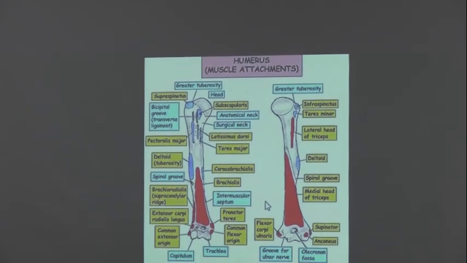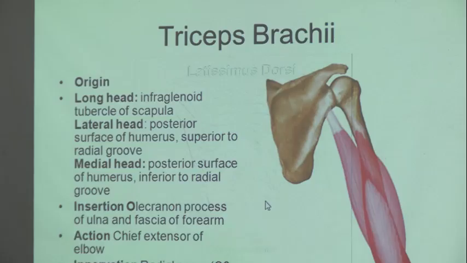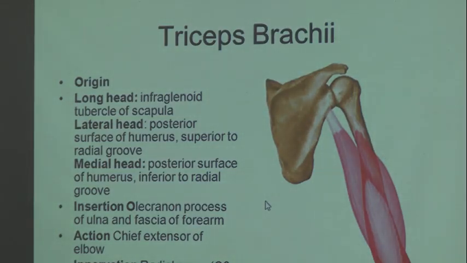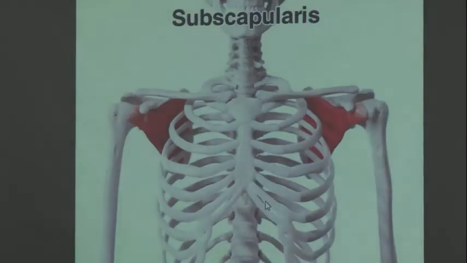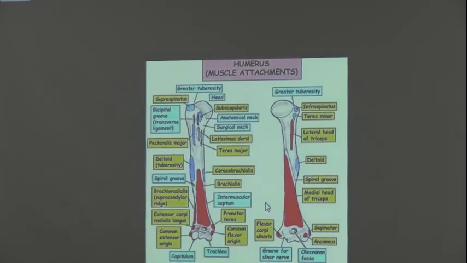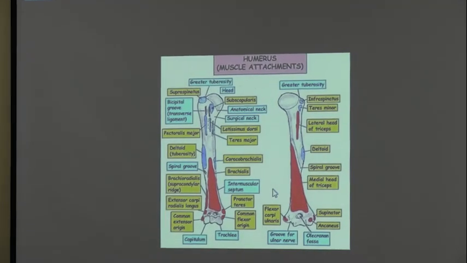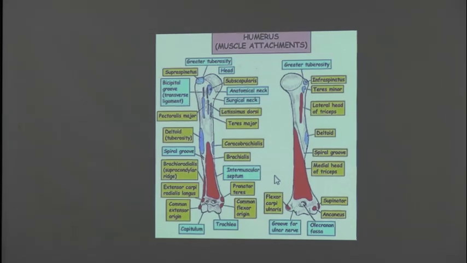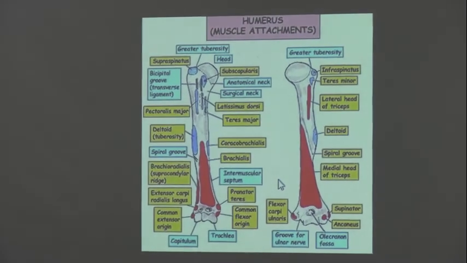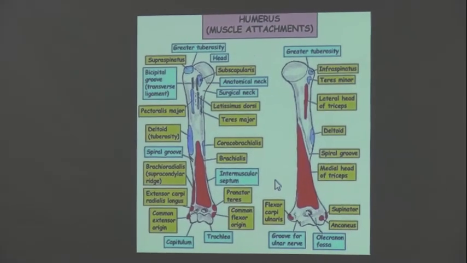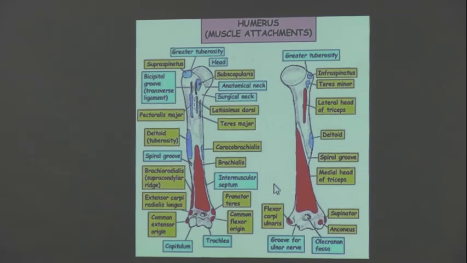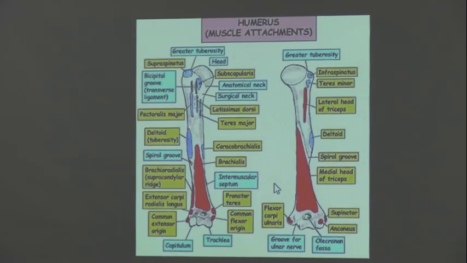The radial nerve passes from here. Lateral, medial, long head. So you write that the lateral head of triceps originates from the posterior aspect of the humerus above the spiral groove.